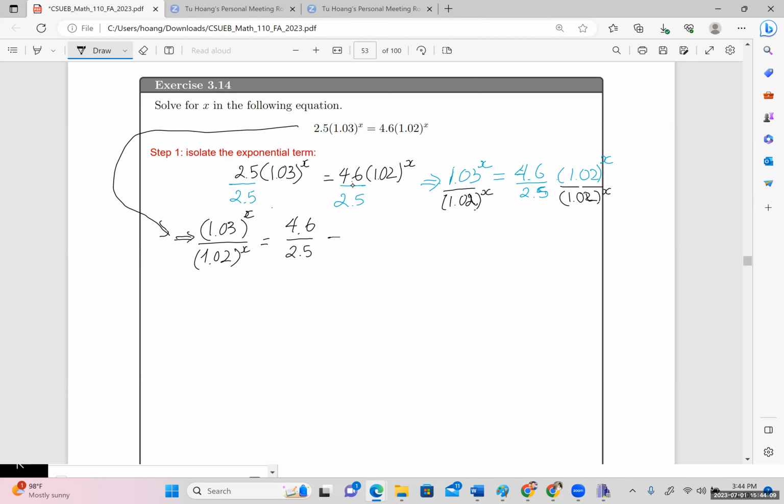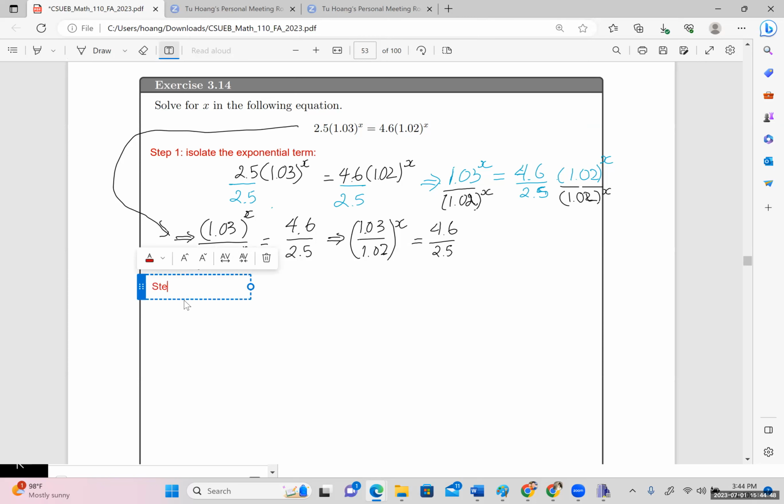So you have 1.03 over 1.02, everything to the x, because you remember the rule I told you, equal to 4.6 over 2.5. Now you finished step 1 because you isolated the exponential term.